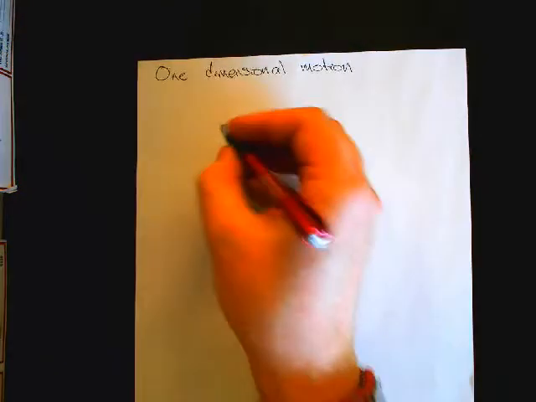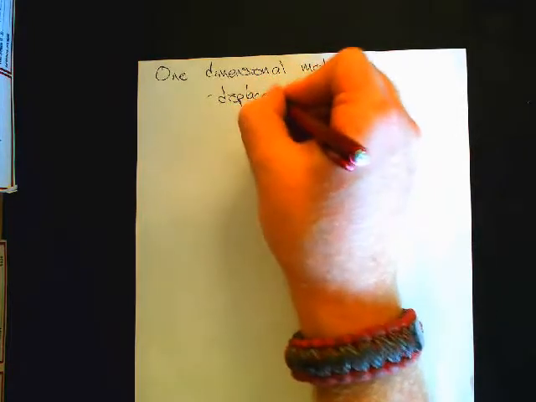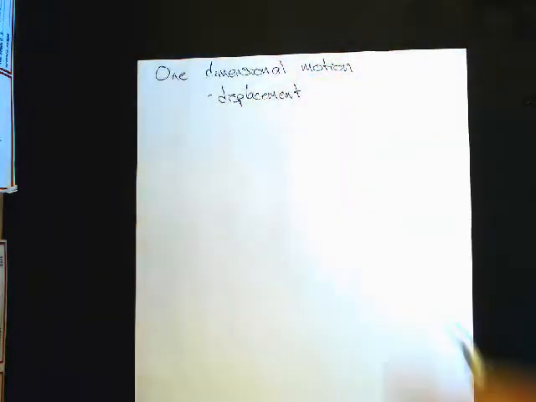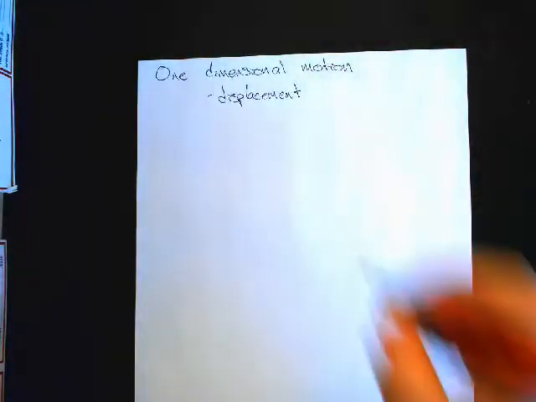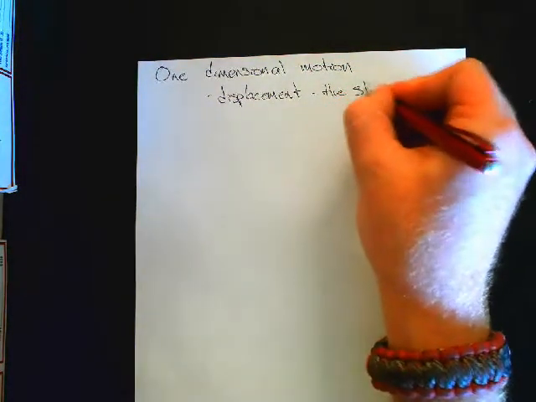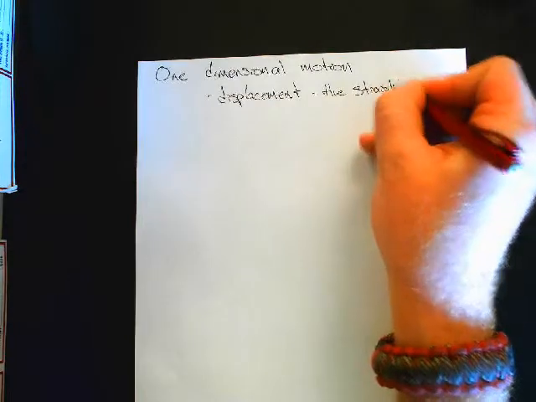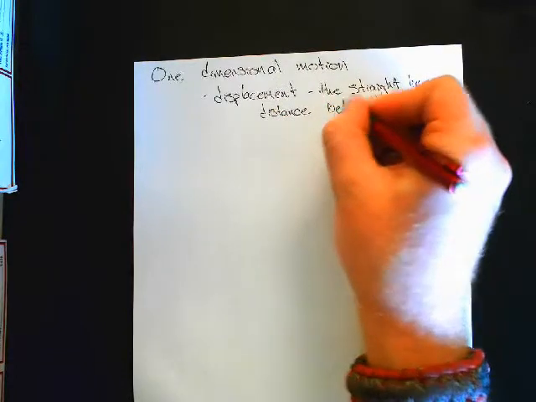So displacement is simply the straight line distance between 2 points, or the measured change in position between 2 points.